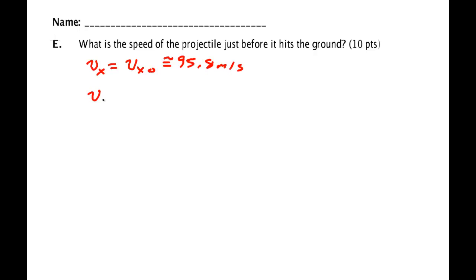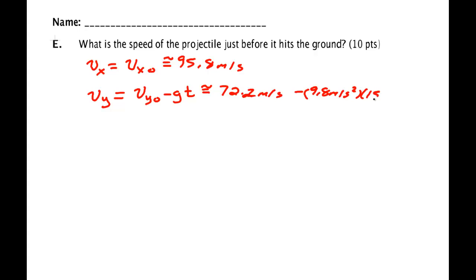We also need to find the y component of the final velocity, which is Vy naught minus gt, approximately 72.2 meters per second minus 9.8 meters per second squared times 15.8 seconds. So the y component of the velocity is approximately minus 82.6 meters per second.